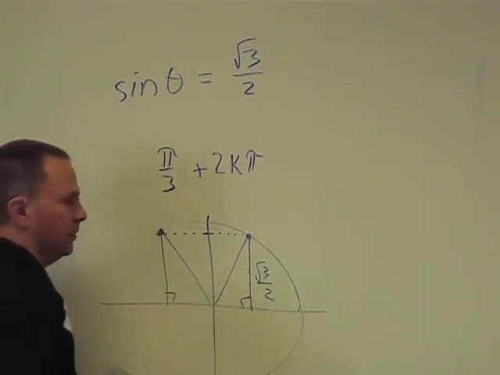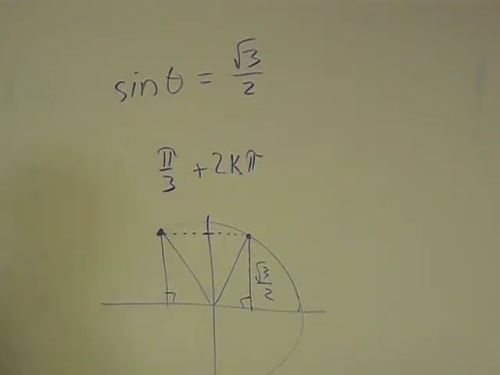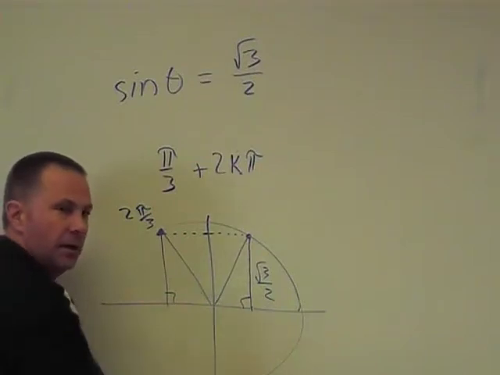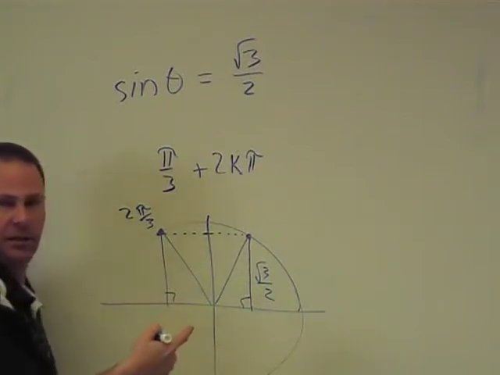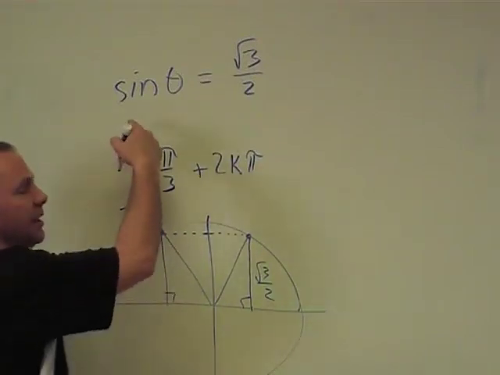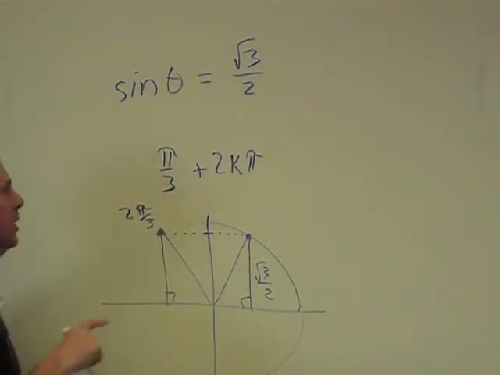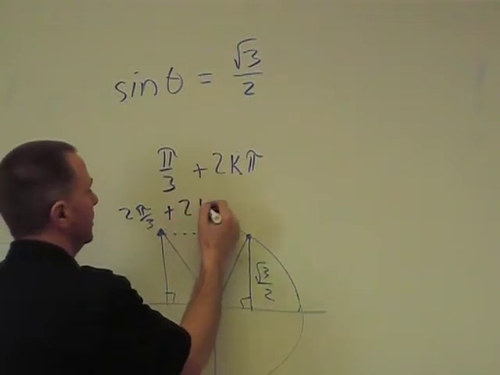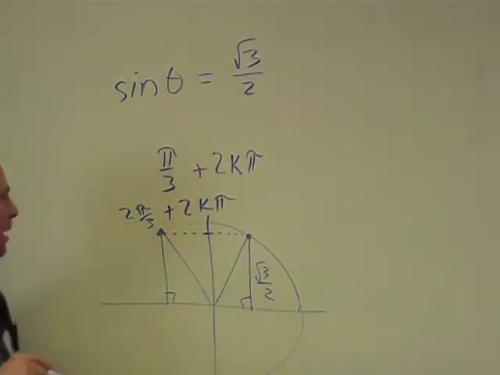What is that value in terms of pi? 2 pi over 3. Now, am I going to go down here? No, because they're negative. Because I'm asking for the sine of a positive value. So, this is half the answer. The other half of the answer would be 2 pi over 3 plus 2k pi. Or minus 2k pi.